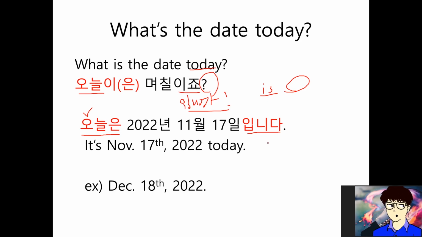You can understand me, right? Good. So for example, when it is November 17th, 2022, you have to say 오늘은 year first, 2022년 11월 17일입니다.